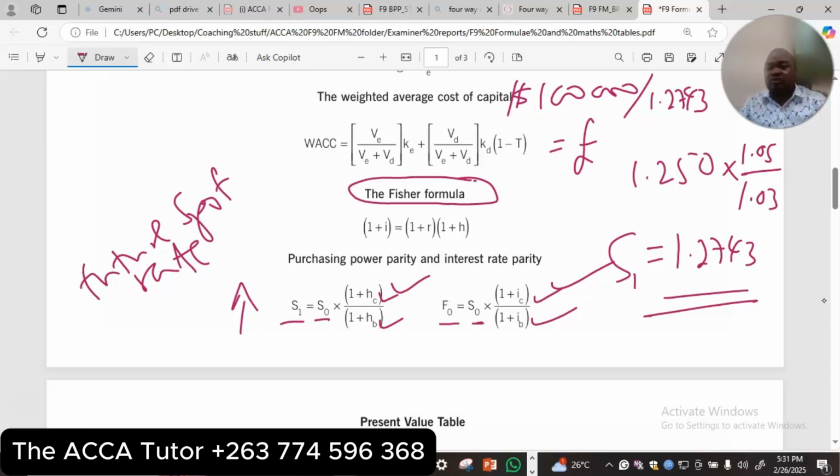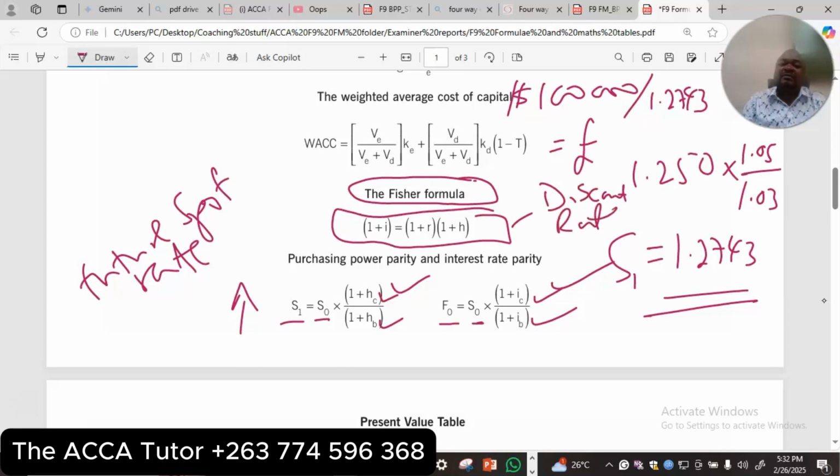You can refer to the parts of the video or the lecture series where we talked much about these issues, and I'm sure there you would be helped. I also pointed out that this formula, the Fisher formula, is also useful in the computation of discount rates. Some present value or NPV computations might be silent about the discount rate, and you'll be given the real rate and the inflation rate.